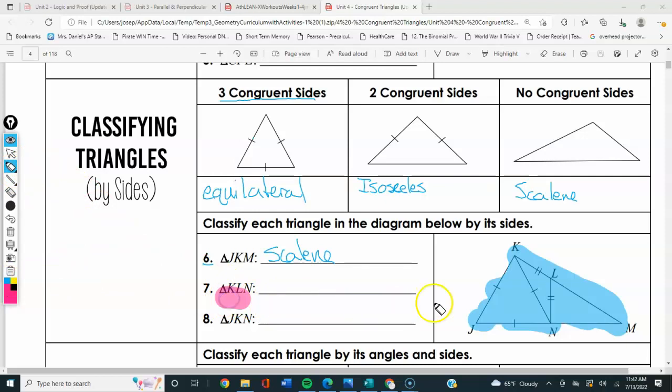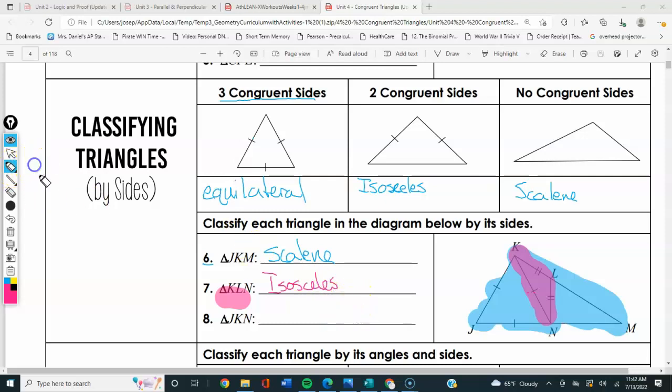What about KLN? KLN's that pink one in the middle. So for KLN, there's markings on all of them, but that's 1 dash. These are 2 dashes. I have 2 dashes, so that means 2 sides are congruent. That makes it isosceles.